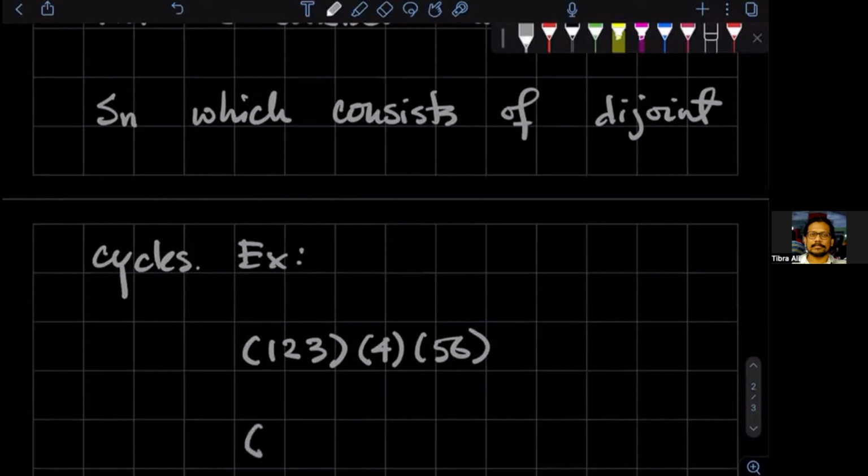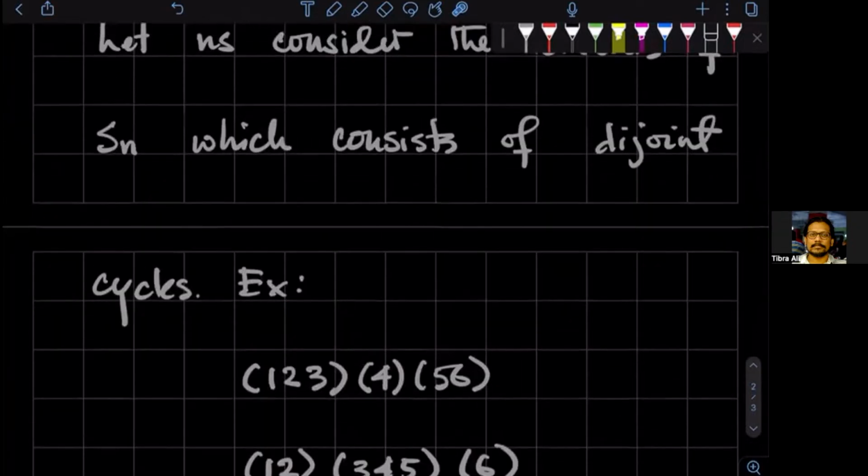Another example of a disjoint cycle would be (1 2)(3 4 5), and suppose there's a 6. The idea is that there is no overlap of the objects that these cycles act on. So these are called disjoint cycles.